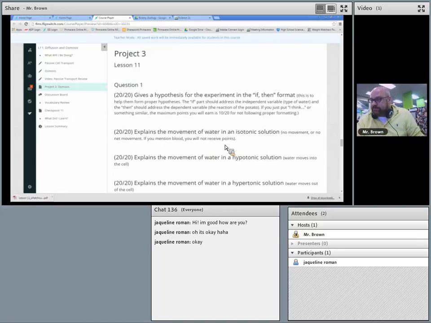So where students get tripped up is the difference between hypotonic and hypertonic. If you look at just hypo, it kind of looks like the word hippo, like a hippopotamus.